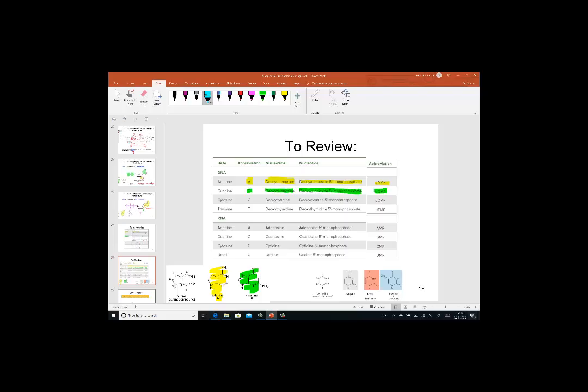Cytosine is the 3rd base found in DNA, abbreviated capital C. Its nucleoside would be named deoxycytidine, and therefore its nucleotide becomes deoxycytidine 5'-monophosphate, little d CMP. That's coming from cytosine.